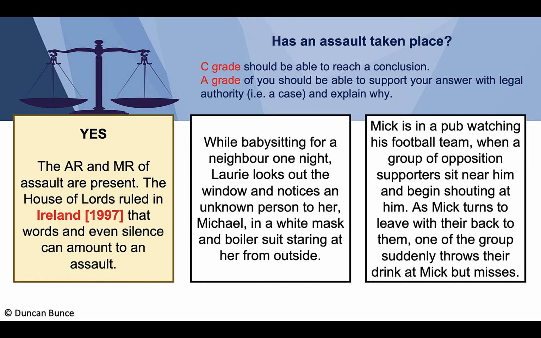Now, while babysitting for a neighbour one night, Laurie looks out the window and notices an unknown person to her, Michael, in a white mask and boiler suit, staring at her from outside. Again, what do we know about assault? We say the actus reus is the defendant causes the victim to apprehend immediate fear of unlawful violence.